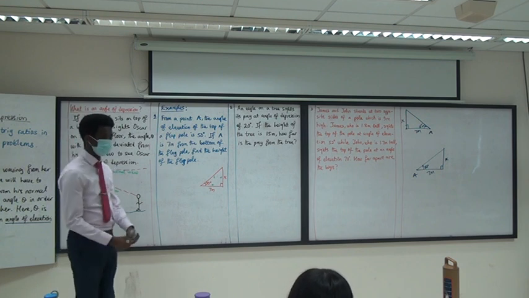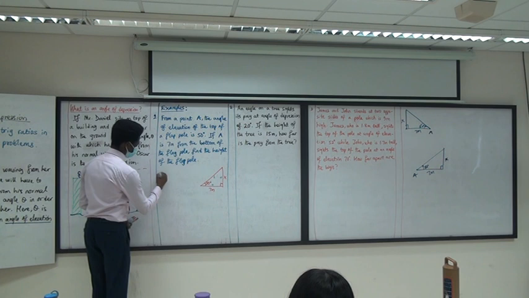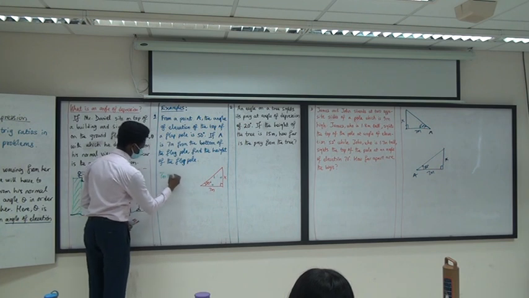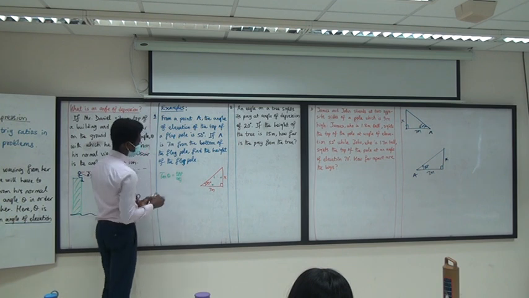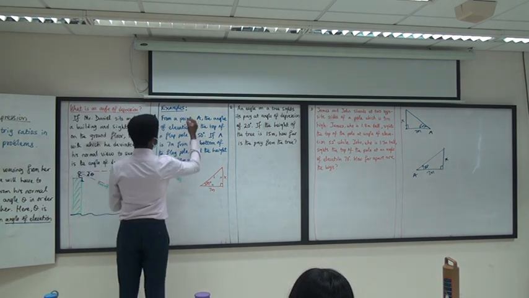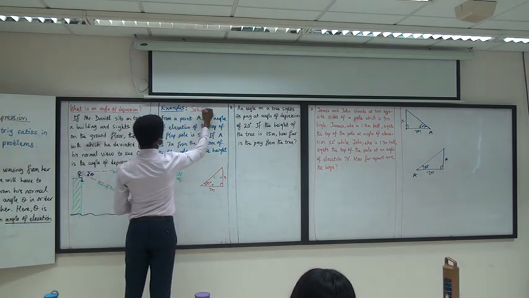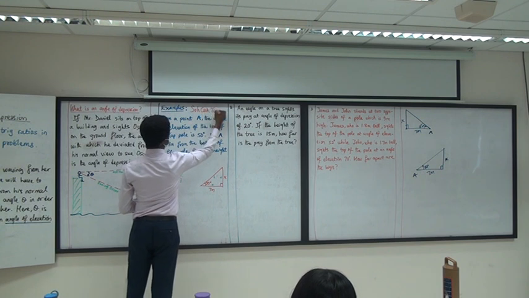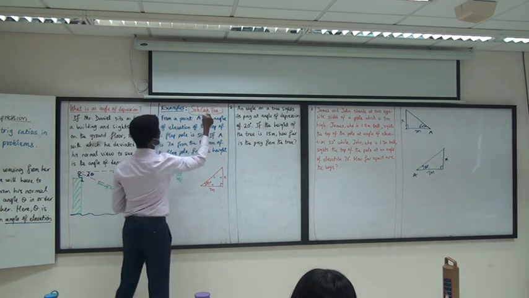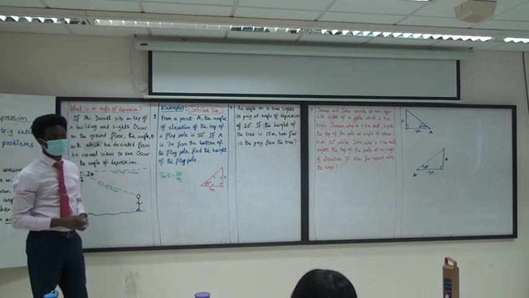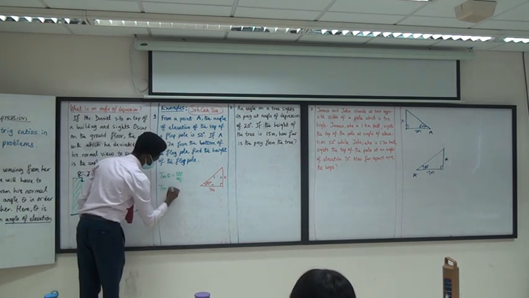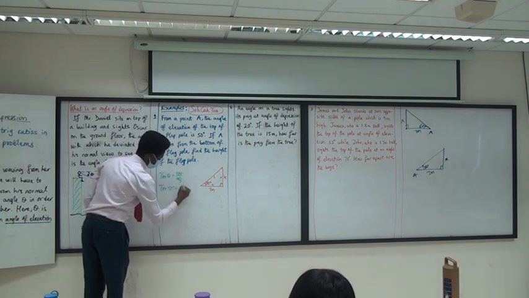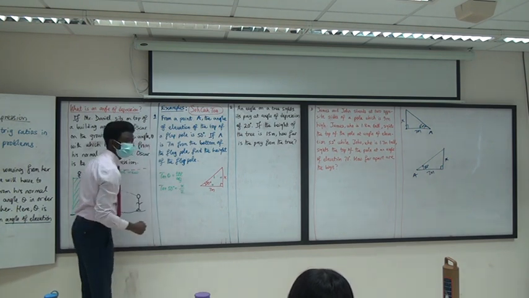Understand? So tan theta is opposite over adjacent. We're still using our SOHCAHTOA. Tan theta will be tan 50. Opposite is x, adjacent is 7.